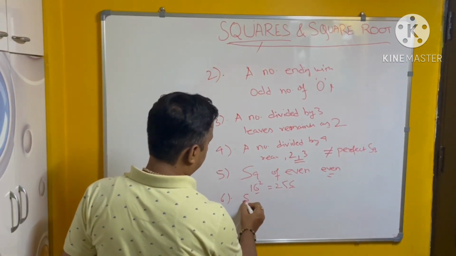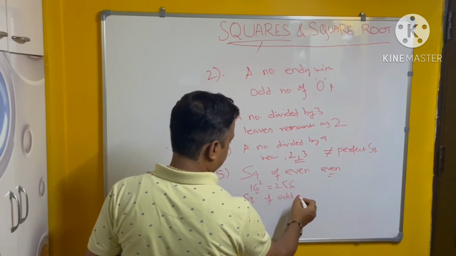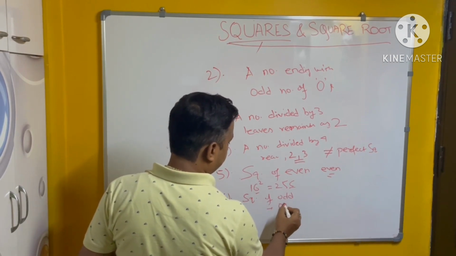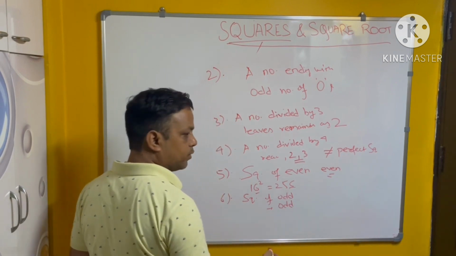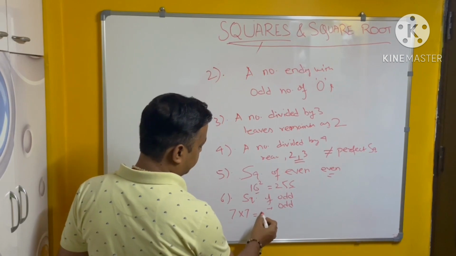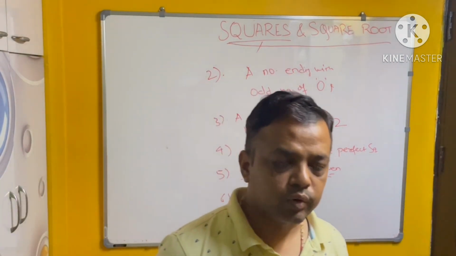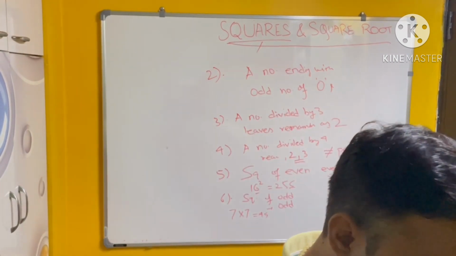The square of an odd number is always an odd number. Suppose 7 into 7, the square of 7 is 49, so it is an odd number. So this is the sixth property.